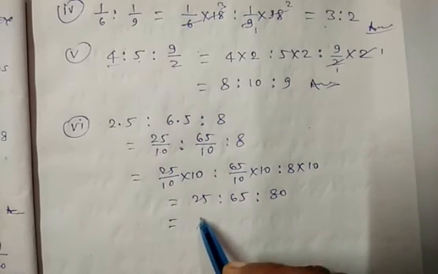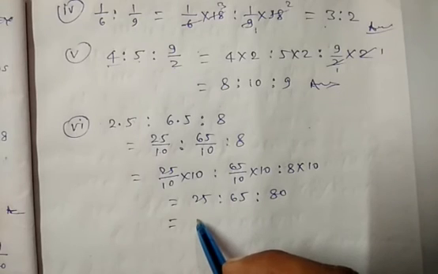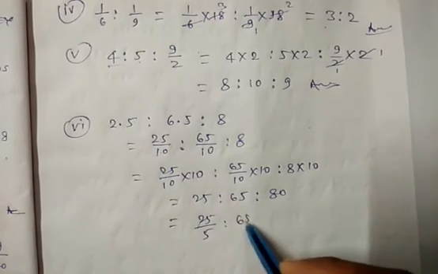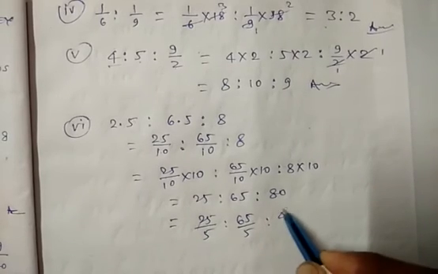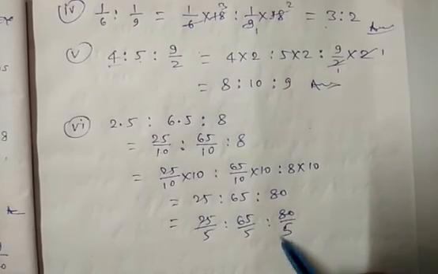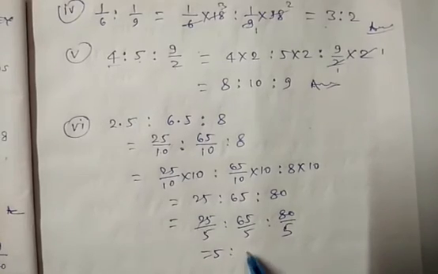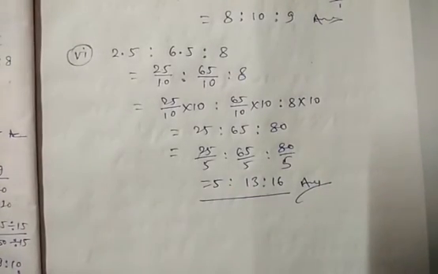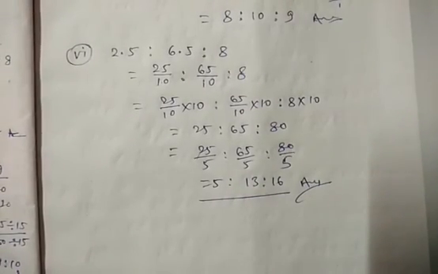Divided by 5 we get 25 by 5, 65 by 5 and 80 by 5. Then we get 5 is to 13 is to 16. This is the final ratio in the simplest form, because their HCF is only 1, not other than 1.